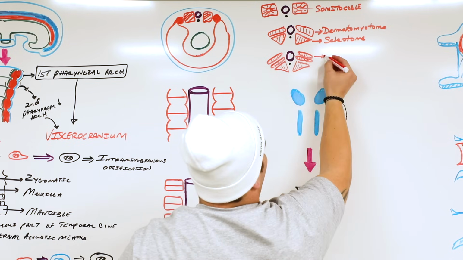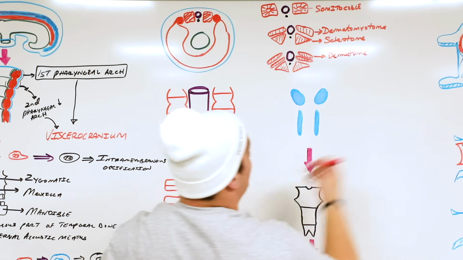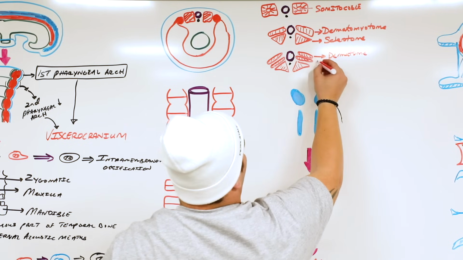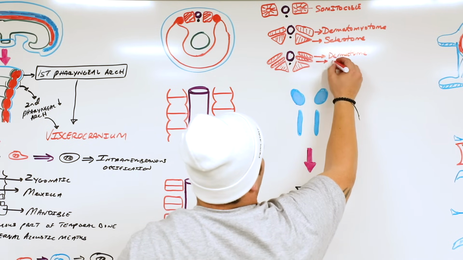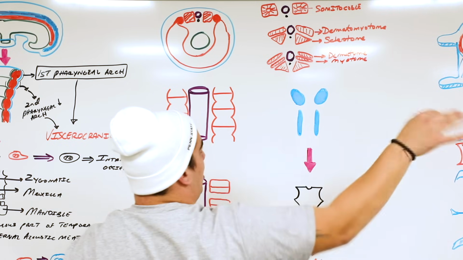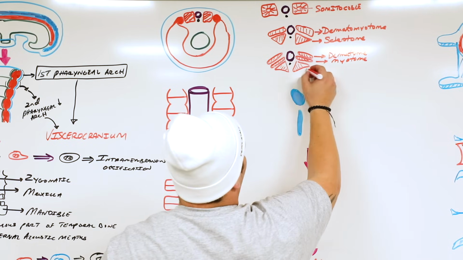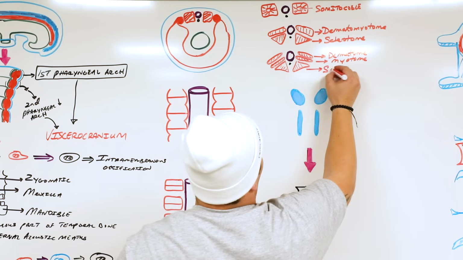So now this becomes the dermatome on the back, which is going to obviously make your dermis and subcutaneous tissue. Underneath that, you're going to have muscle. So this is going to be called the myotome. Later, there is another one, we'll talk about that in the muscular system, called the syndetome. Okay? But then this one right here is going to be the sclerotome.